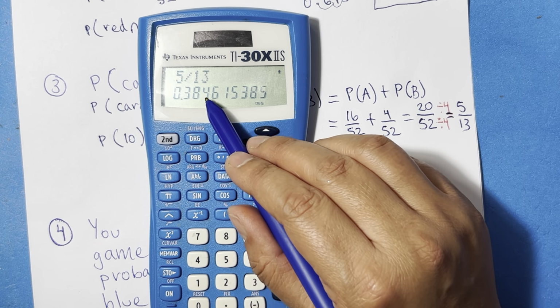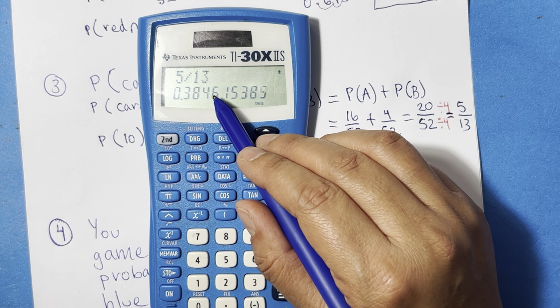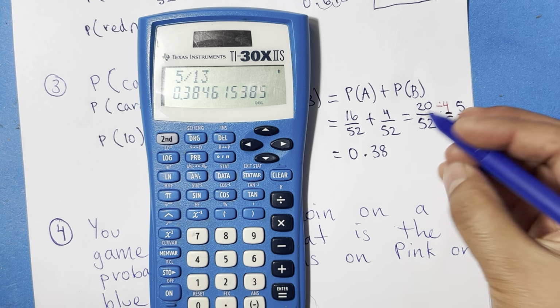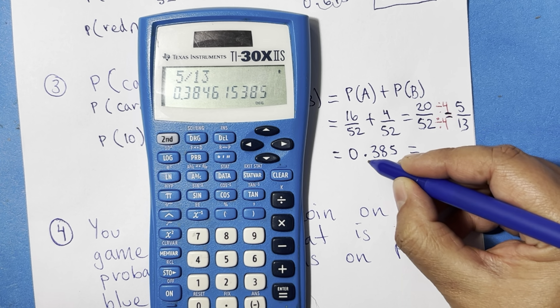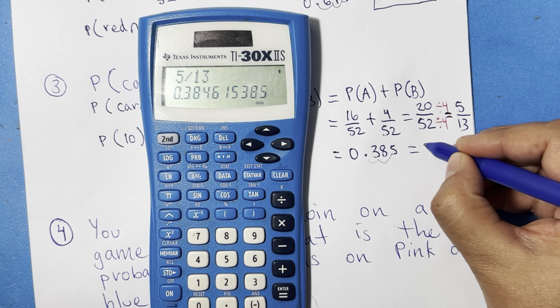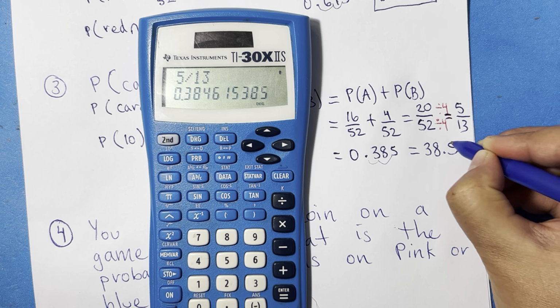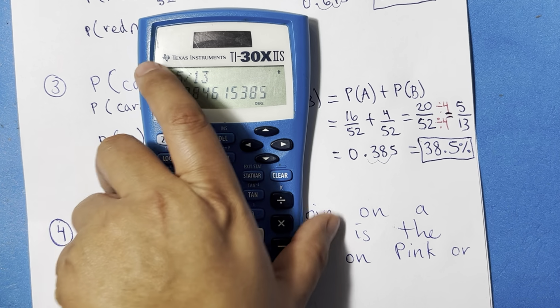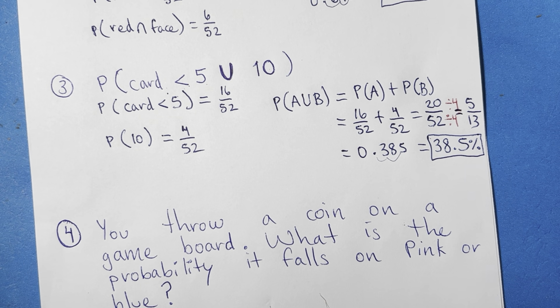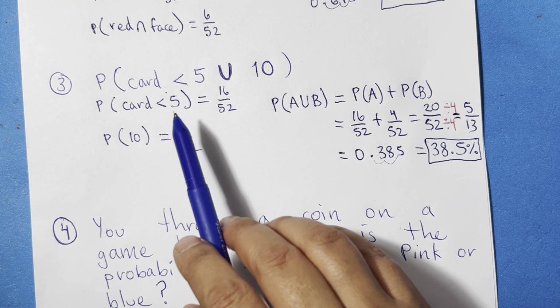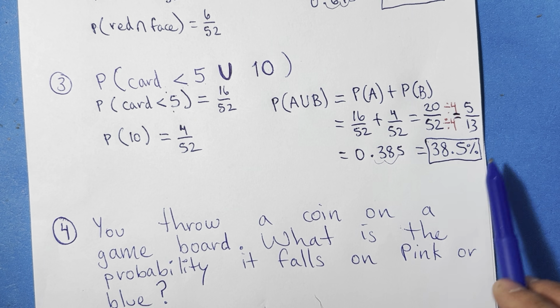Since we have a 4 in the thousandths place, but this is 5 or more, so that will round up to 5. We move it two spaces, and that's 38.5%. So that's our answer. So if you bet on getting a card less than 5 or a 10, that's the probability that you will get to win.